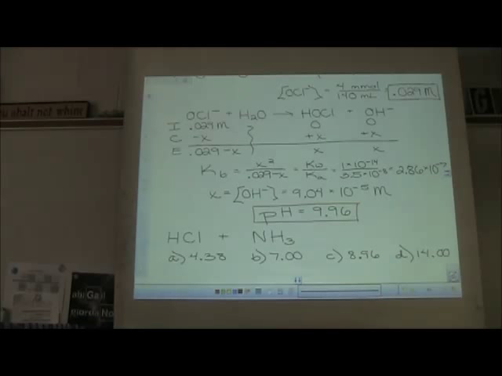Why? Okay. But more importantly, what about this guy? Strong acid plus a weak base. Your pH at equivalence should be in the acidic range.